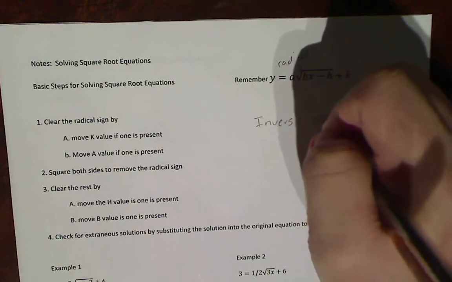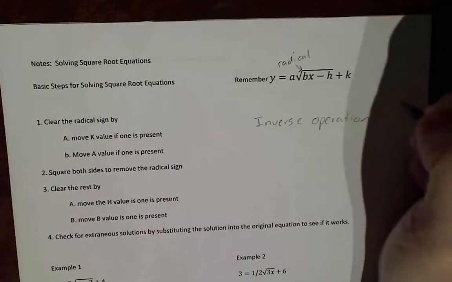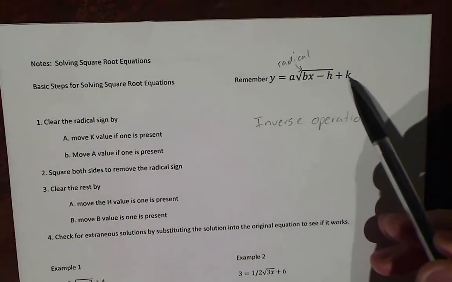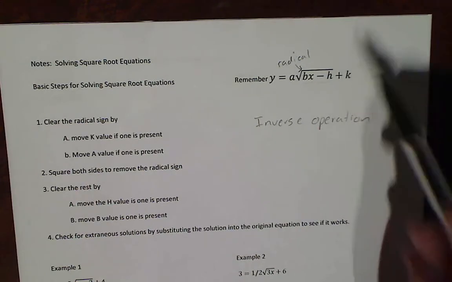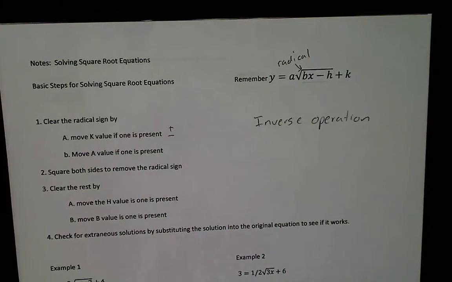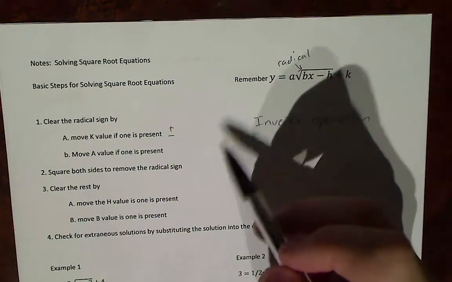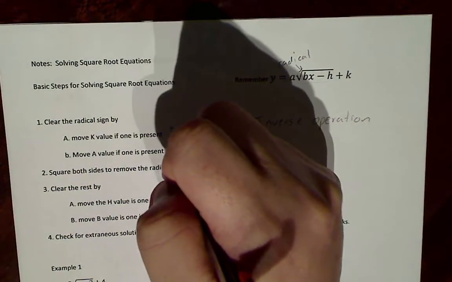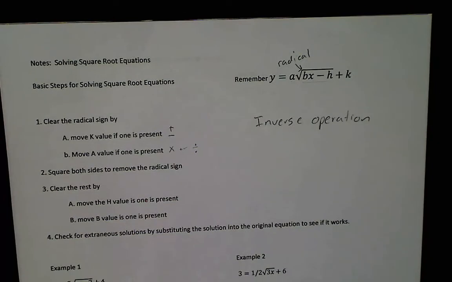When I say move the k value, you're either adding or subtracting it, depending on what the starting sign is. Then you're going to do the a value, which is this a value up here, and you're going to either multiply or divide depending on the actual sign, okay?